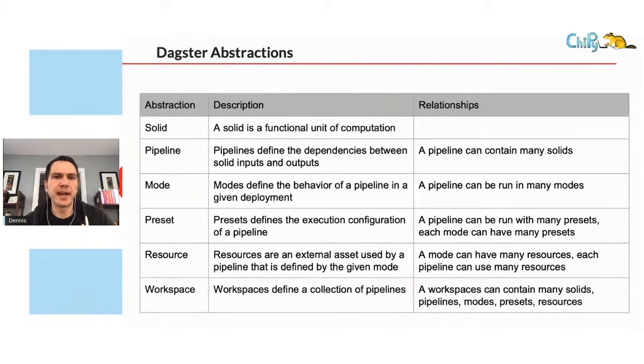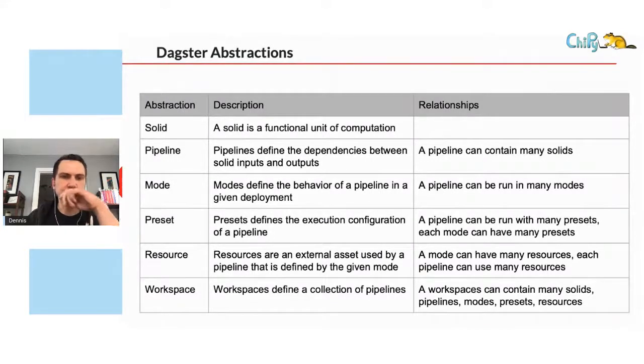Resources are external assets used by pipelines, and this relates to modes. So if you have a setup of a testing environment and a staging environment and a production environment, you can set up different resources tied to different modes. So your pipeline will behave differently when it's run in different modes.